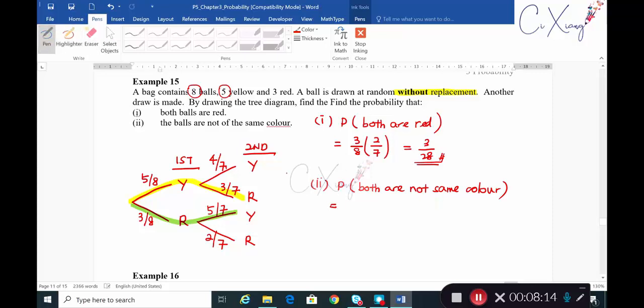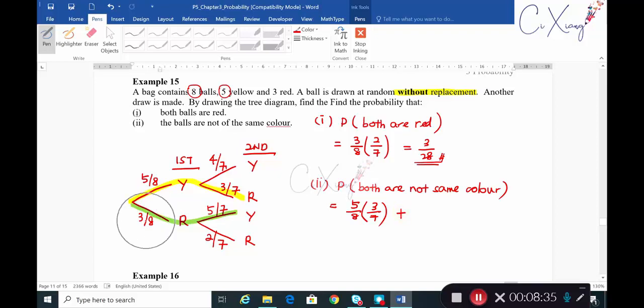To calculate the probability, again you start from the beginning of the pathway. So it is 5 over 8 multiplied with 3 over 7. This is the first pathway, the first complete case. Then you have the second pathway, the second case, and you need to add them together.